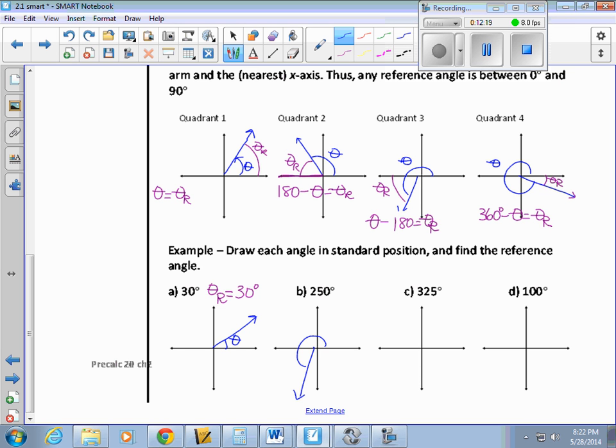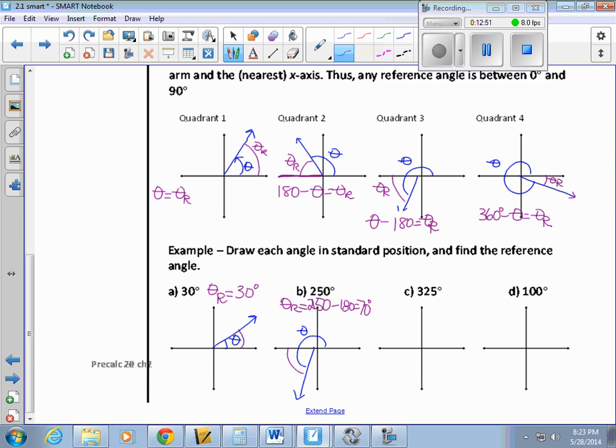So quadrant 3, if theta is equal to 250, to find my reference angle, it was your angle minus 180, so 250 minus 180, so the reference angle is 70 degrees.